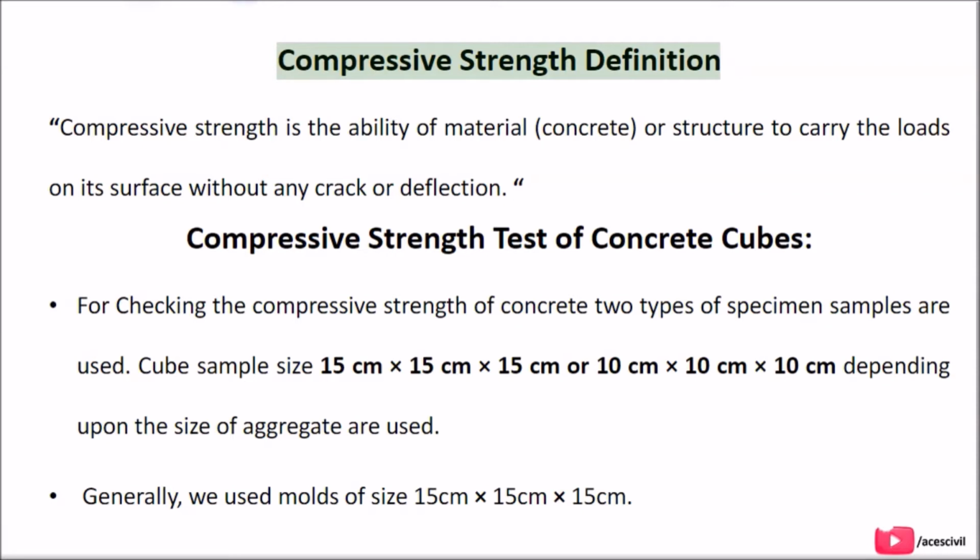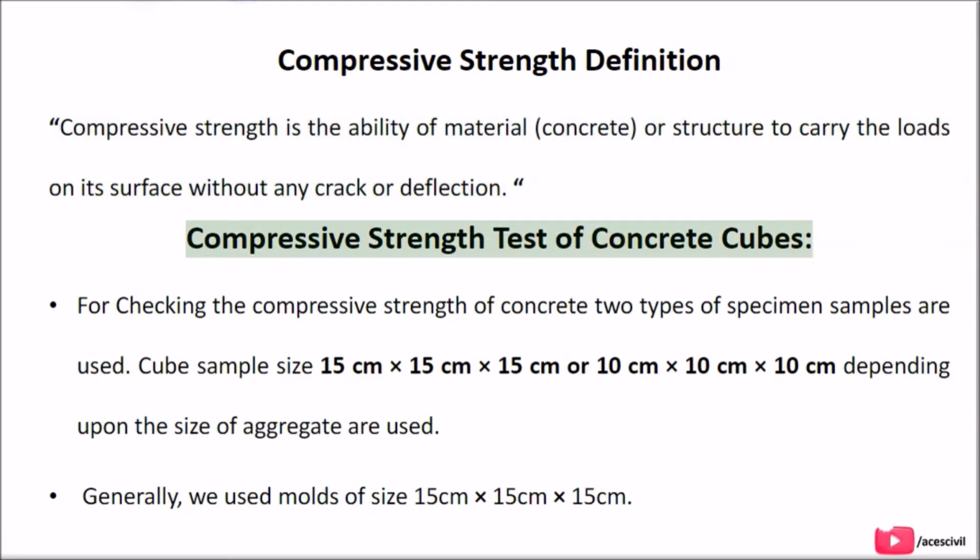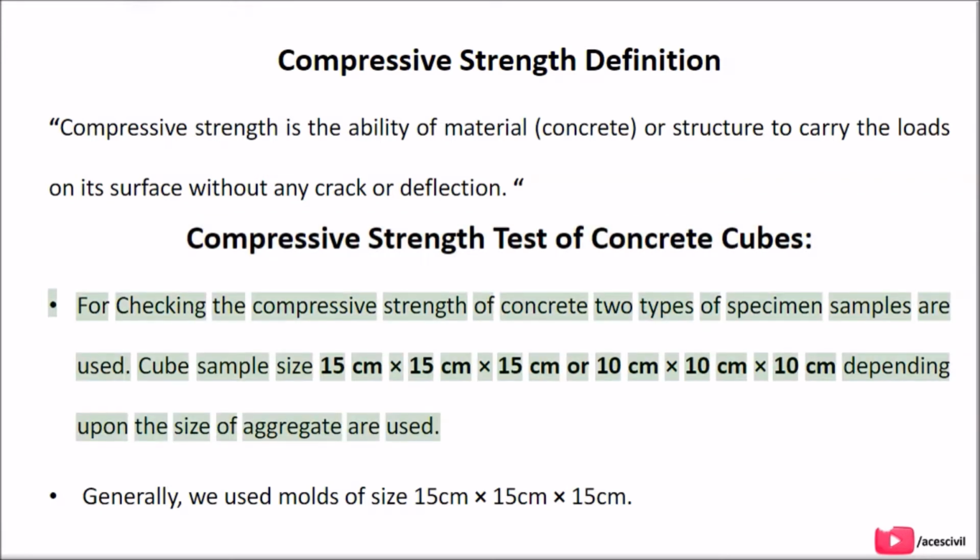Compressive strength definition. Compressive strength is the ability of a material, concrete, or structure to carry the loads on its surface without any crack or deflection. Compressive strength test of concrete cubes. For checking the compressive strength of concrete, two types of specimen samples are used.